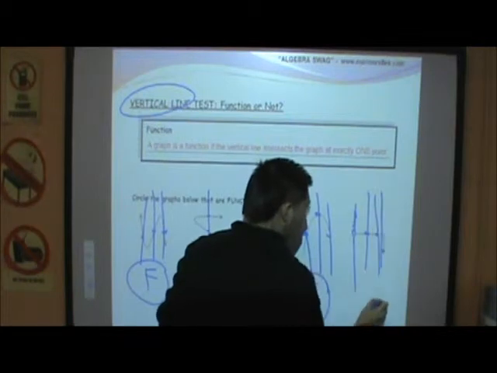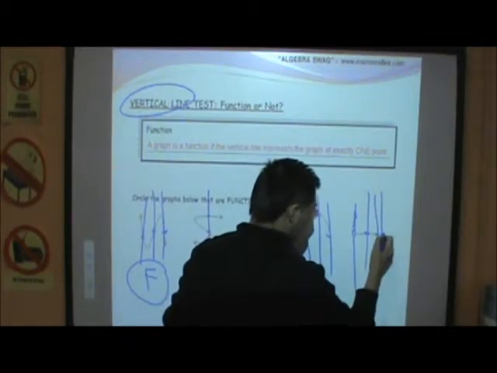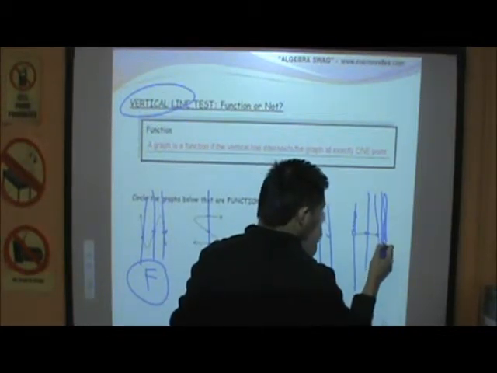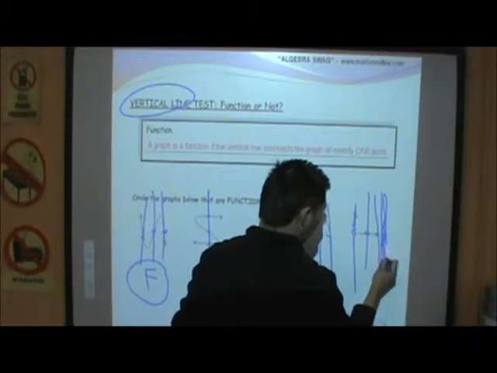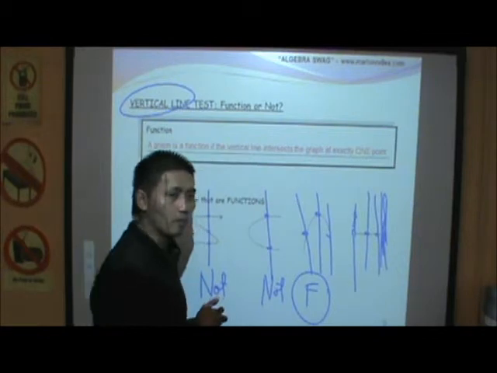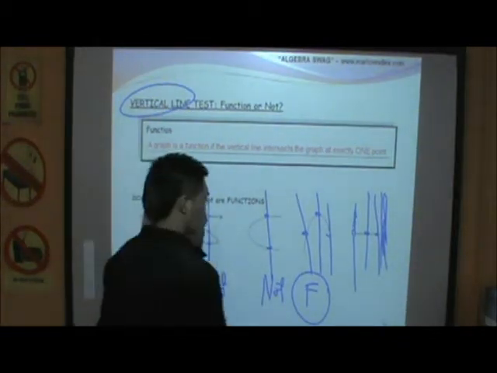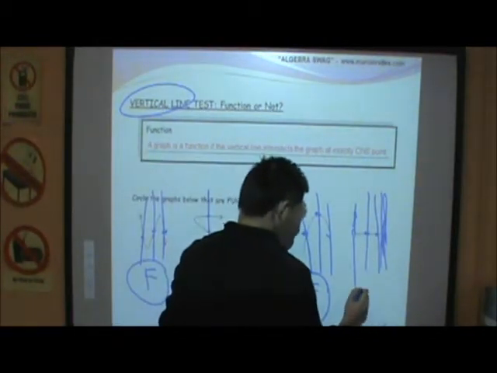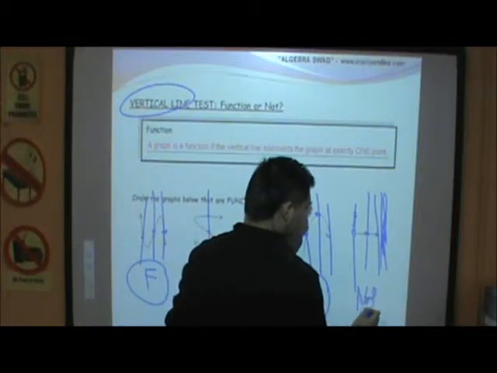Same thing if you draw a line all the way here, that vertical line is going to pass this side in an infinite number of points. That's why I would consider this as not a function.